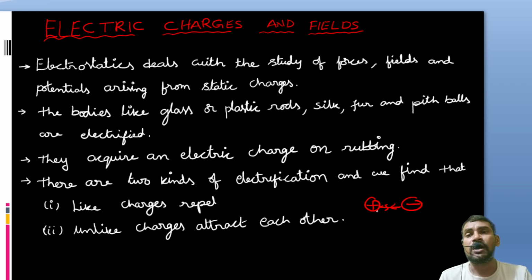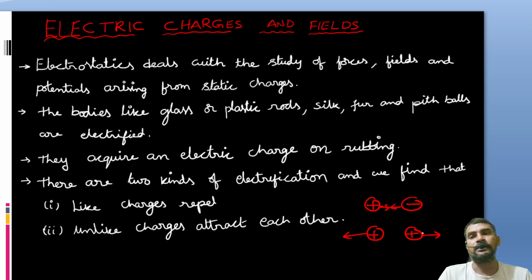If the charges are opposite in polarity, there will be a force of attraction between them. If both are positively charged, then there will be repulsion between the two charges.